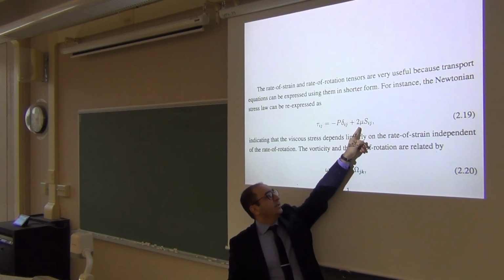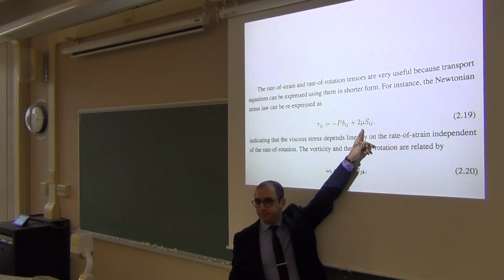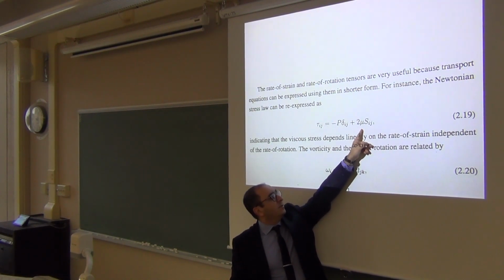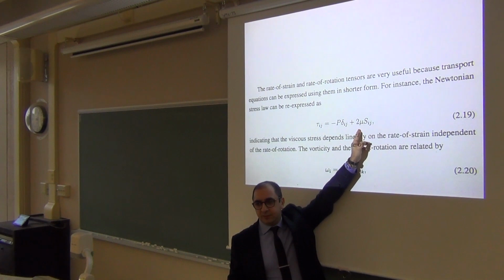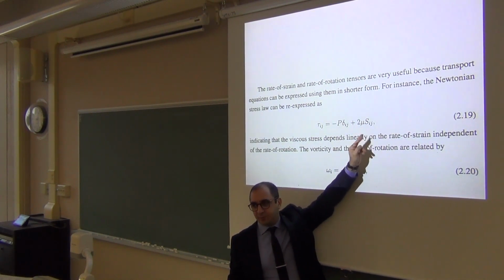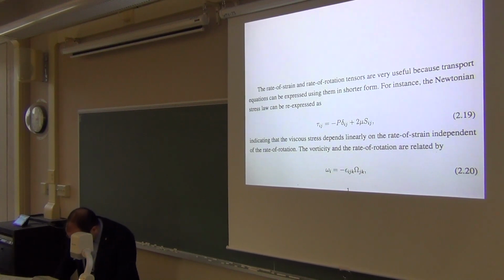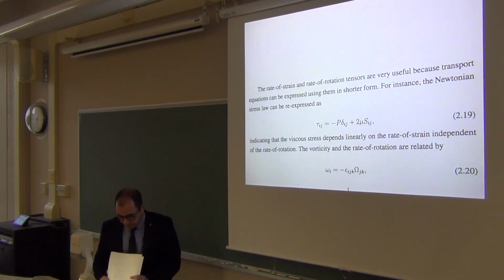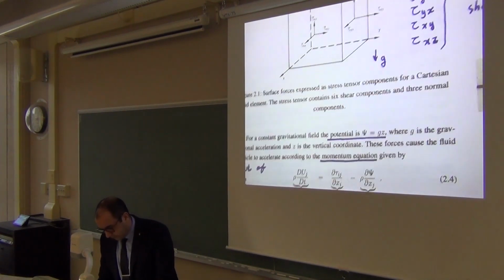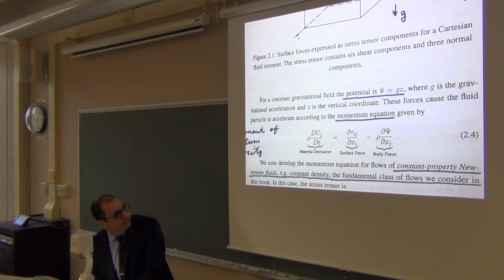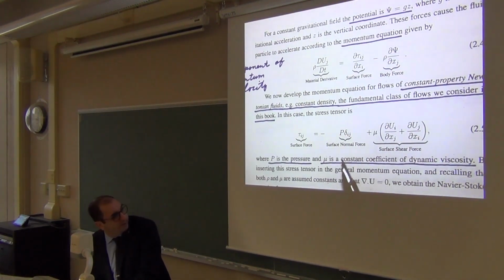Now you see, the second one I am rewriting with the rate of strain tensor, as opposed to the components separately. I showed you this equation before. If you're not convinced, I can pull it up. If you go here, I showed you this equation, remember? It's right here.